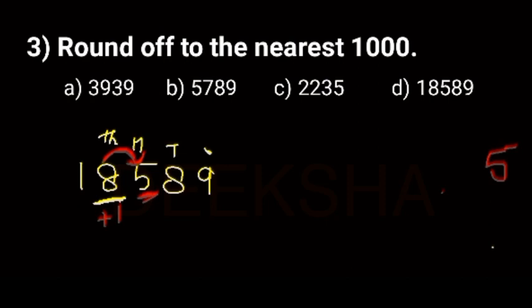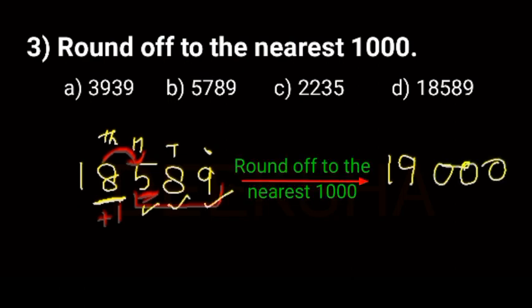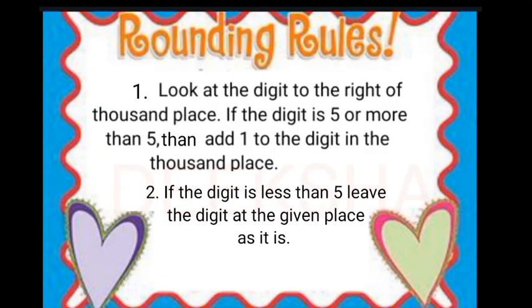Okay? And these digits will be replaced by 0. So simply write your answer. 18 plus 1 is 19. 0, 0, 0. Okay, when you round off 18,589, you get 19,000.